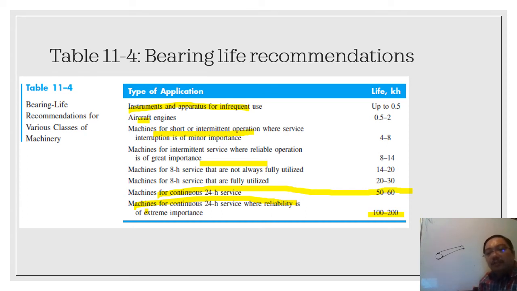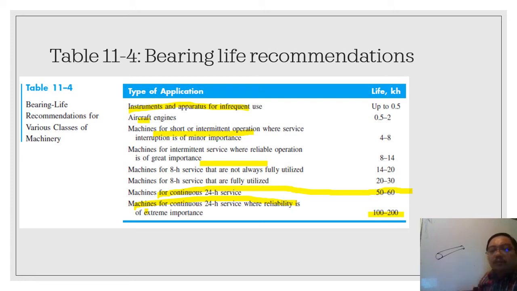For example, with a hydroelectric dam, if you do the maintenance, no electricity for a certain period of time, very headache for people. So that is why some bearing life will last forever.